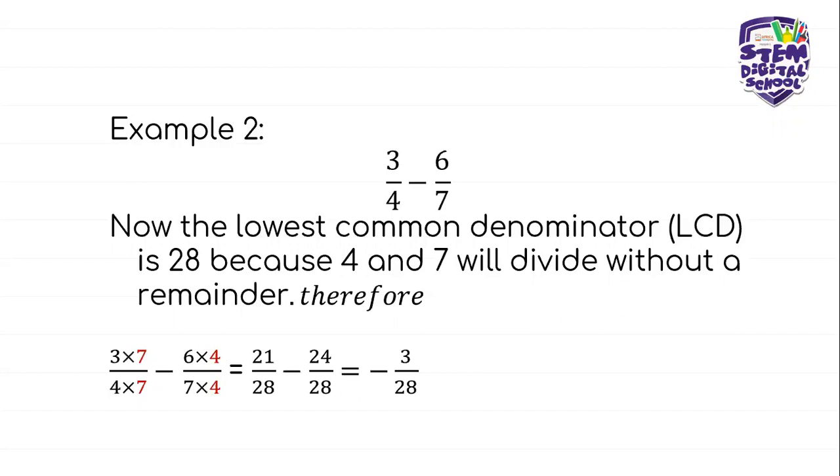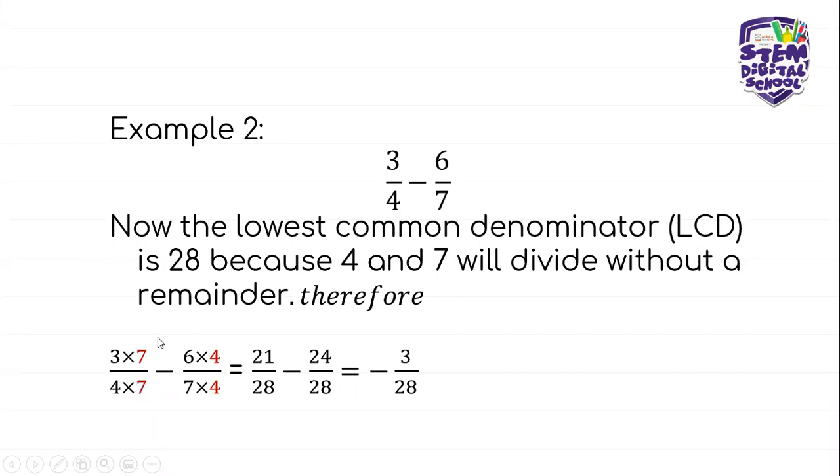So the first step, you have to now multiply out your fraction in order to find the lowest common denominator. You can see that the first fraction here, we had 3 over 4. Now that we have identified that our lowest common denominator is 28, you simply multiply 4 by 7.